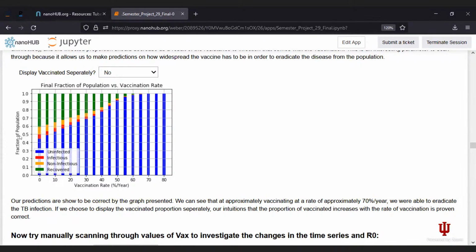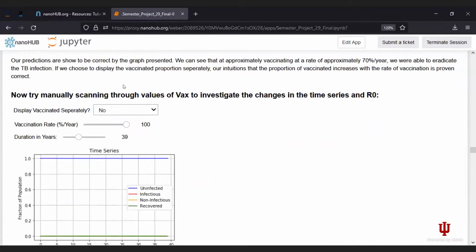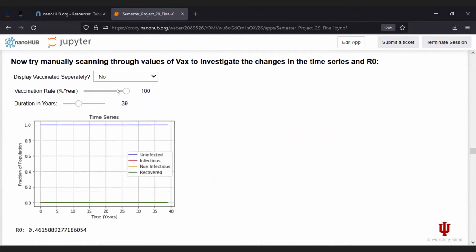So again, it's unsurprising that you have a lot more of the uninfected people as you increase the vaccine rate. And there's a certain point where you start to have the epidemic be wiped out.